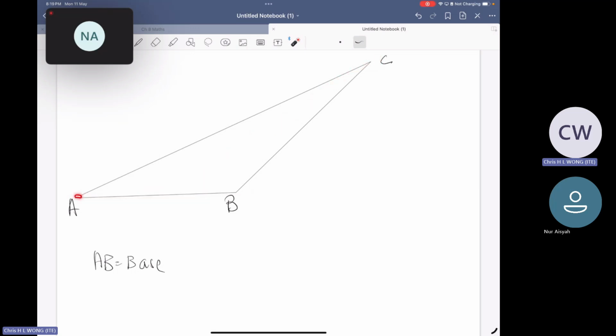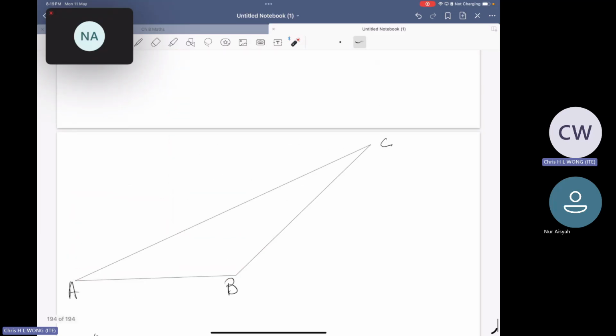So the only way is, if this is the base, I draw the height straight. But it leads you nowhere, it continues. So the best way is, if this is the base, I extend it a little bit.